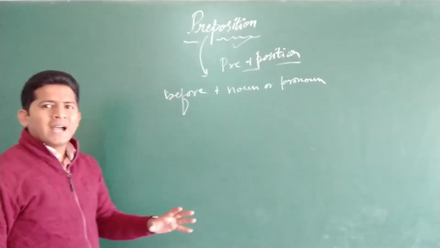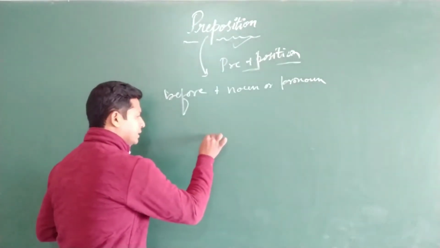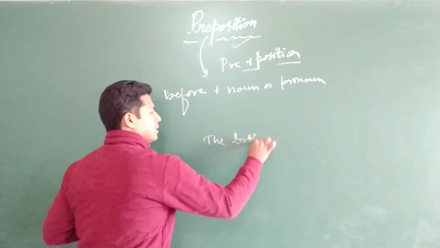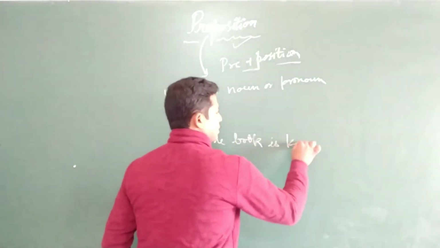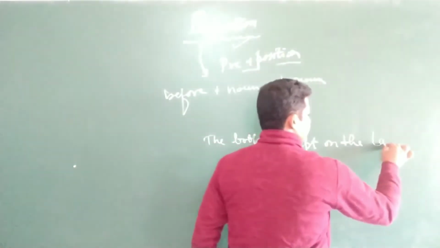To understand that, let's take an example. Suppose I said, the book is kept on the table. We have a simple example.